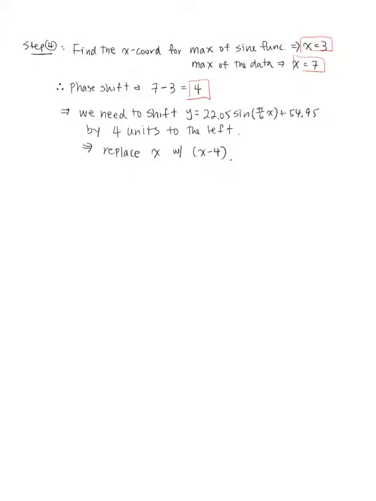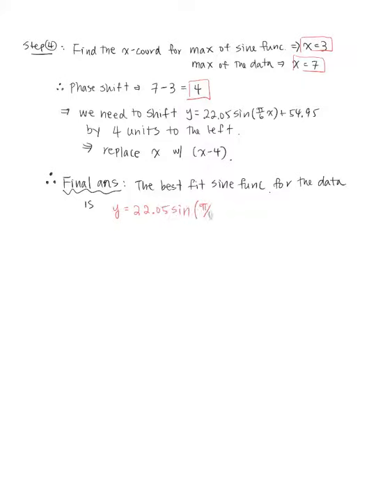So therefore the final answer, the best fit sine function for the data, is y equals 22.05 sine of pi over 6 times (x minus 4), plus 54.95.